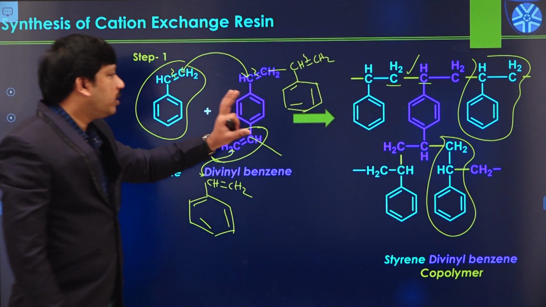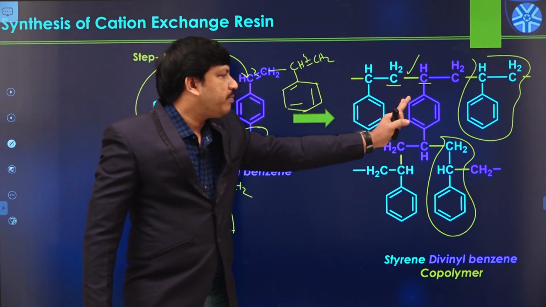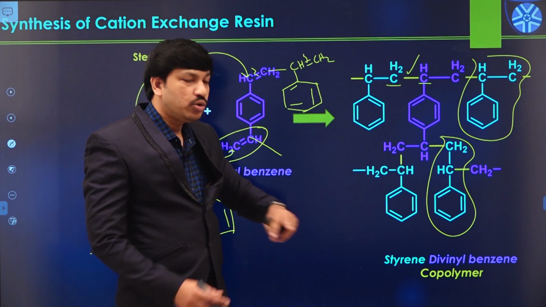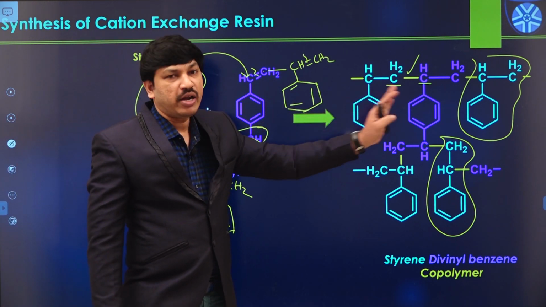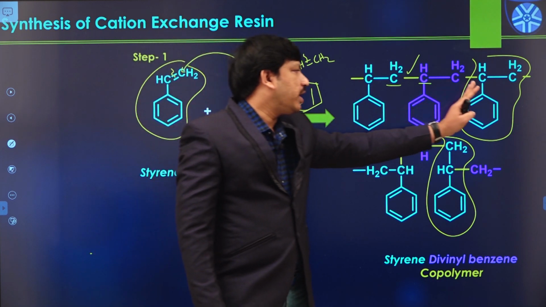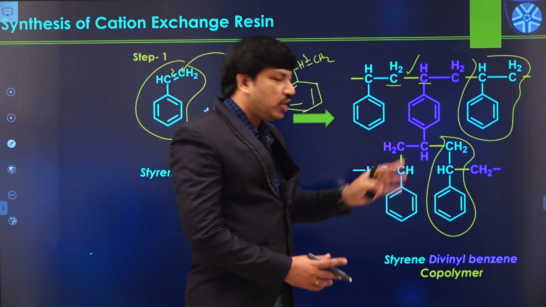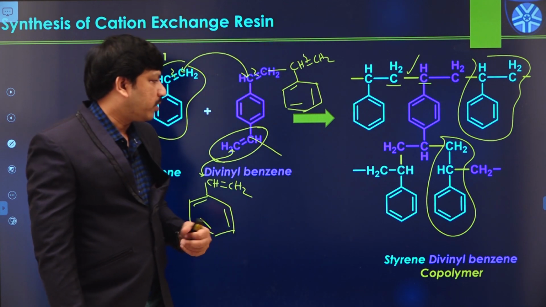So there is an alternating arrangement of styrene and divinyl benzene units in the corresponding copolymer. Copolymers have two different monomers. One styrene molecule, then a divinyl benzene molecule, then again a styrene molecule. So this polymer grows in three different directions. This is a three-dimensional polymer.